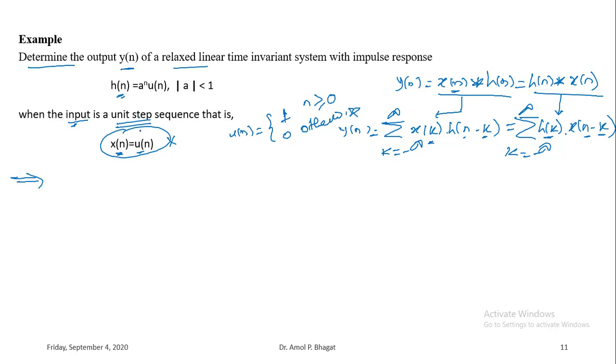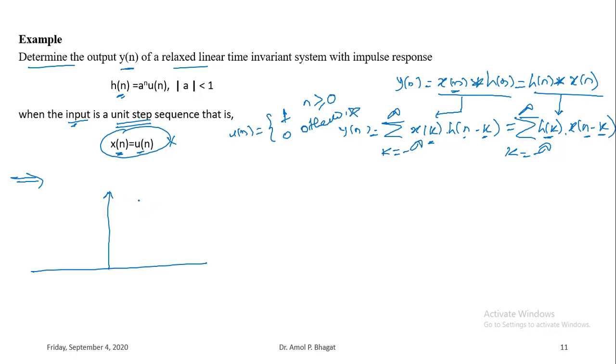So we'll try to plot this graph. Initially I will plot it for x of k, so your x of k will be the same as x of n.